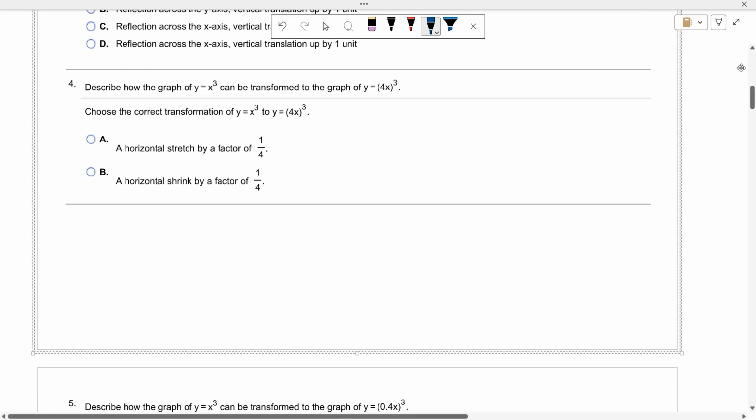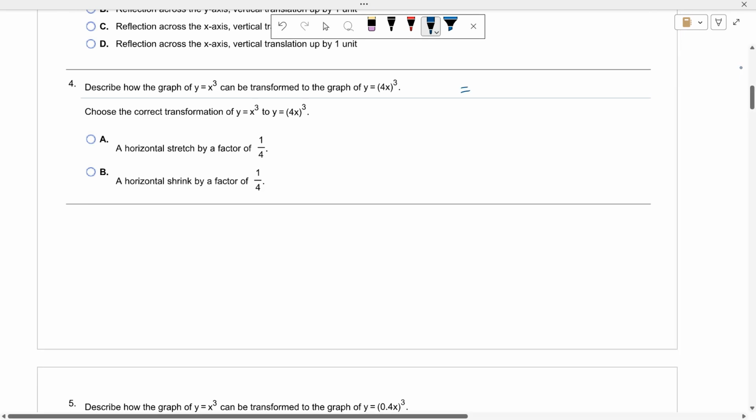4 on the inside is the same as saying y equals 1 over 1/4. It's like it's 1 over 1/4 to have a whole number of 4 in front.